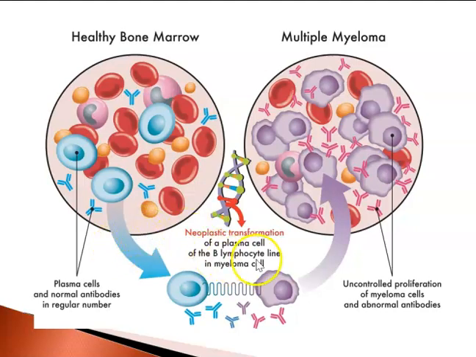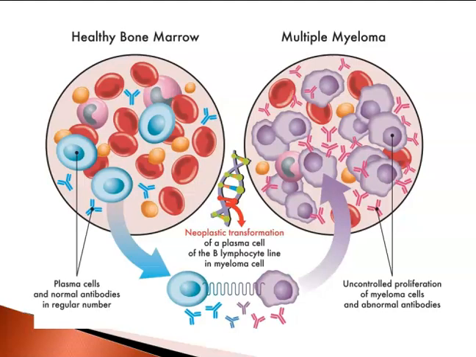But something happens in the multiple myeloma patient. There's an abnormal change. There's a neoplastic transformation of plasma cells of the B lymphocyte line, and there is an uncontrolled proliferation of myeloma cells. Remember, your B lymphocytes give rise to your plasma cells, and your plasma cells produce antibodies.